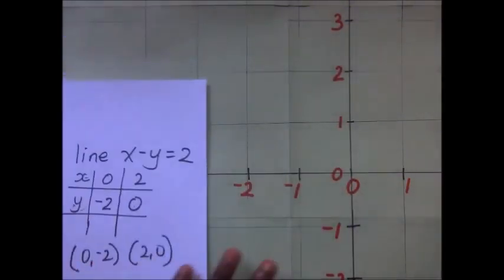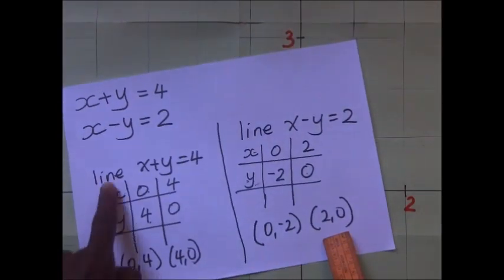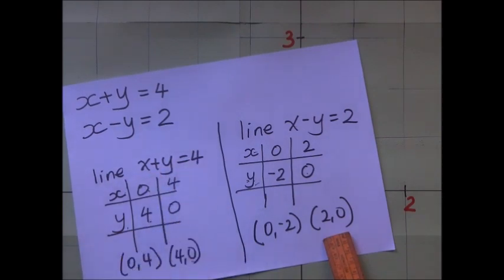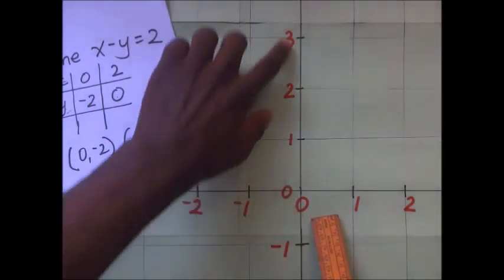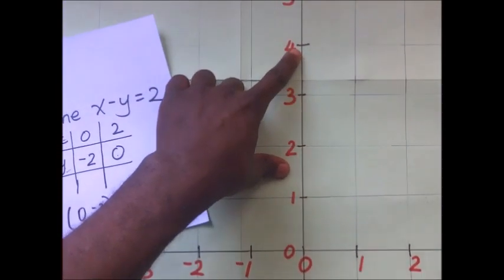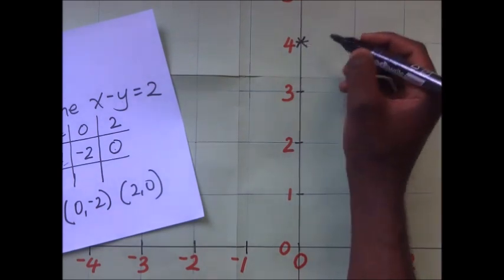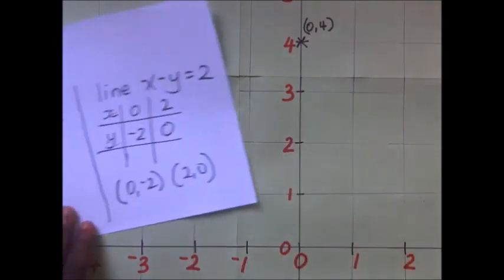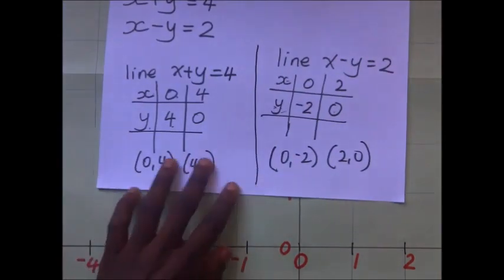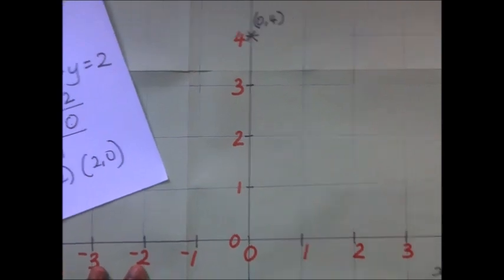So looking at our grid here, for line x plus y is equal to 4, we have 0, 4. That is our first point, right there. Then we also have 4, 0, right here.